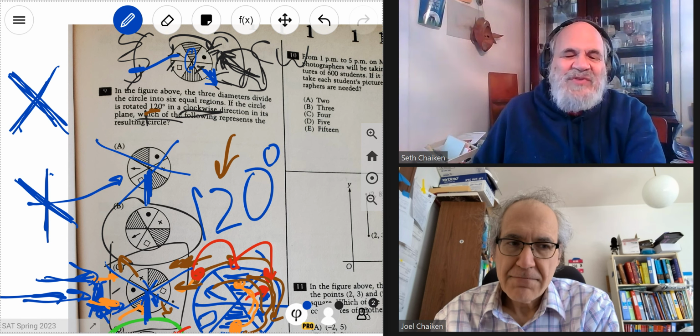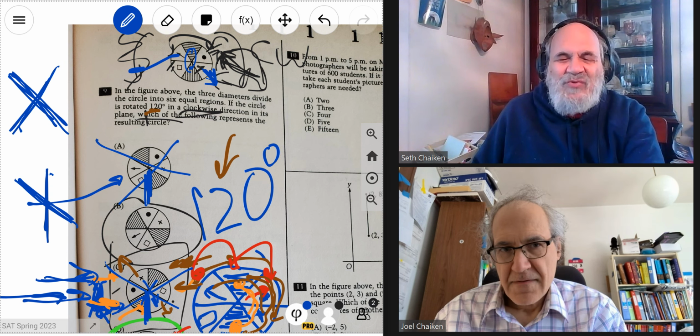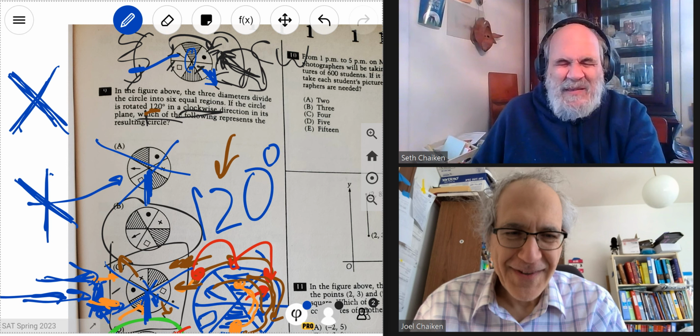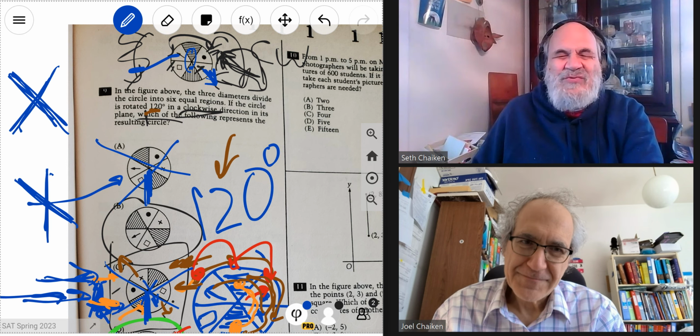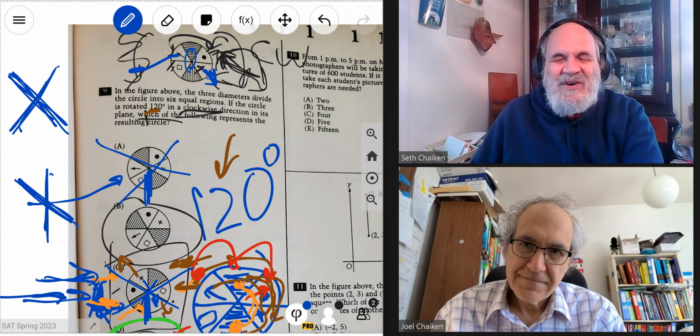But the rotation that they're asking you to use is 120. So we have to think that 120 is two 60s, which is pairs of 30s. So it's an even multiple of 30.